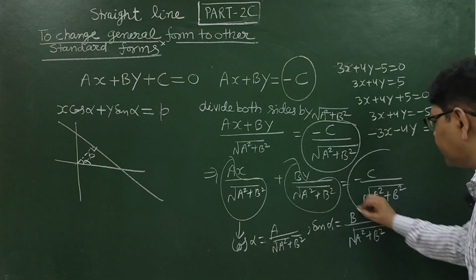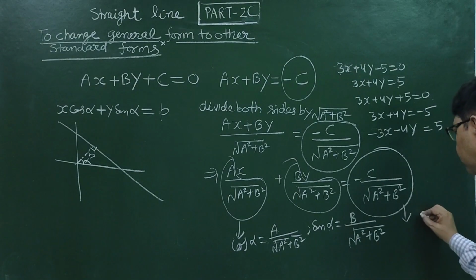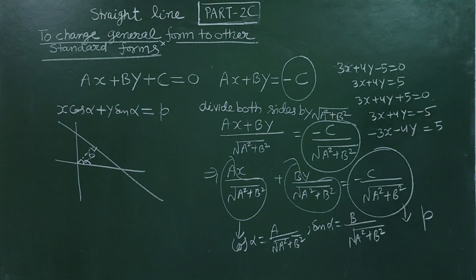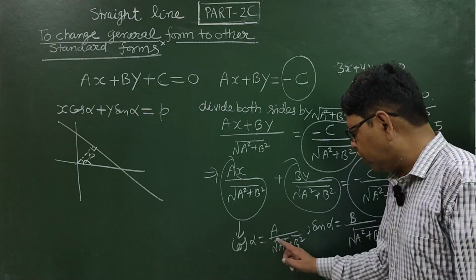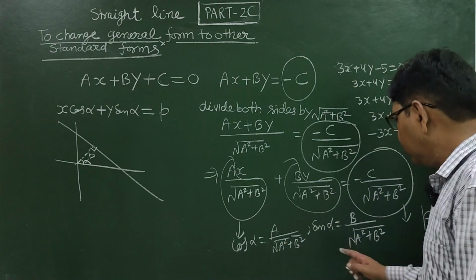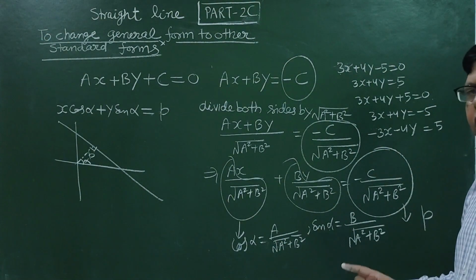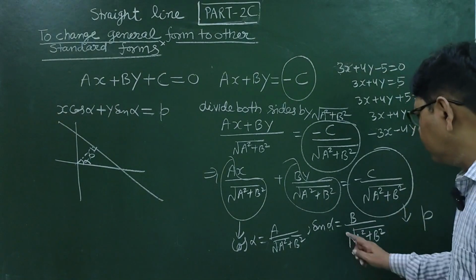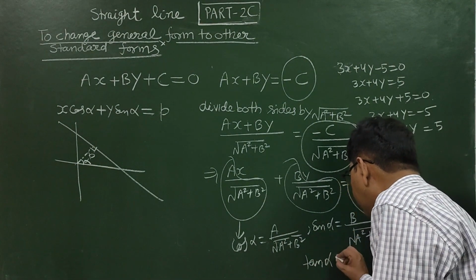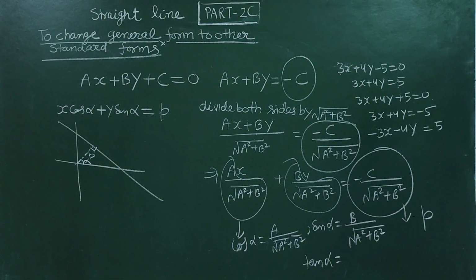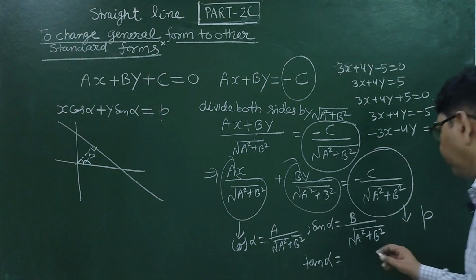And in the right hand side, this value is the length of the perpendicular. Now by checking the sign of the values of cos alpha and sin alpha, we can find the quadrant in which the angle alpha lies. We can also find tan alpha: if we divide sin alpha by cos alpha, we get b upon a.